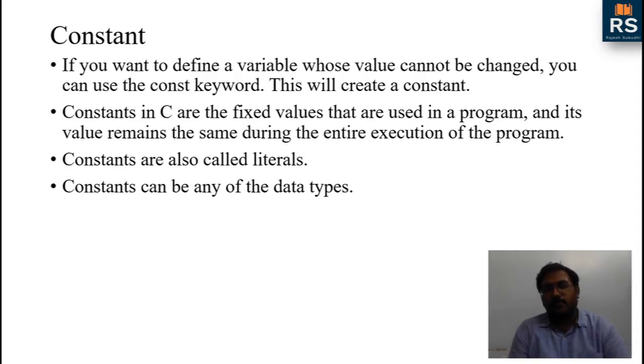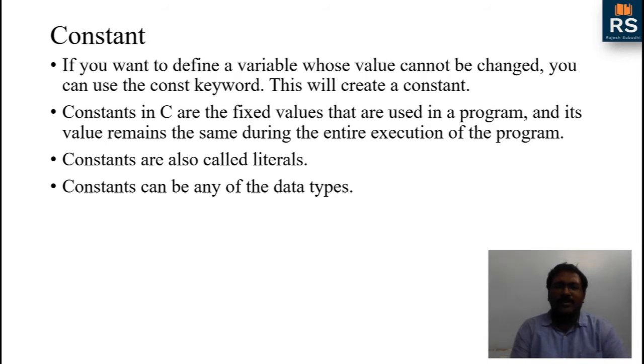That means for the entire program, the value that will never change is known as a constant. To write a variable we have to write an identifier and along with the identifier we have to give the data type. But for a constant we just have to write const, then the variable equal to the value. As I mentioned here, the const keyword is used.